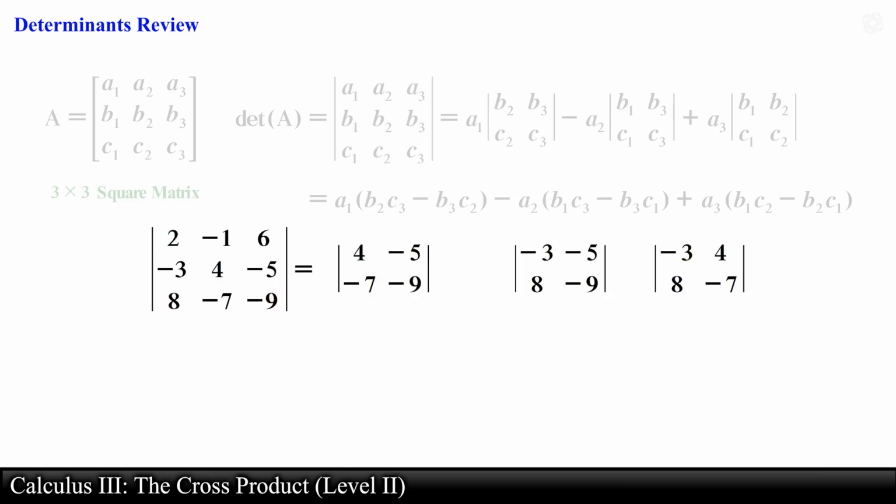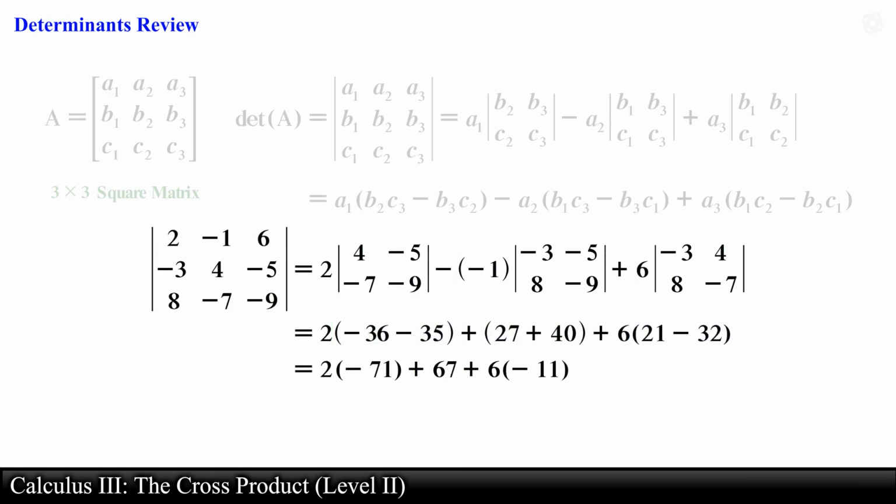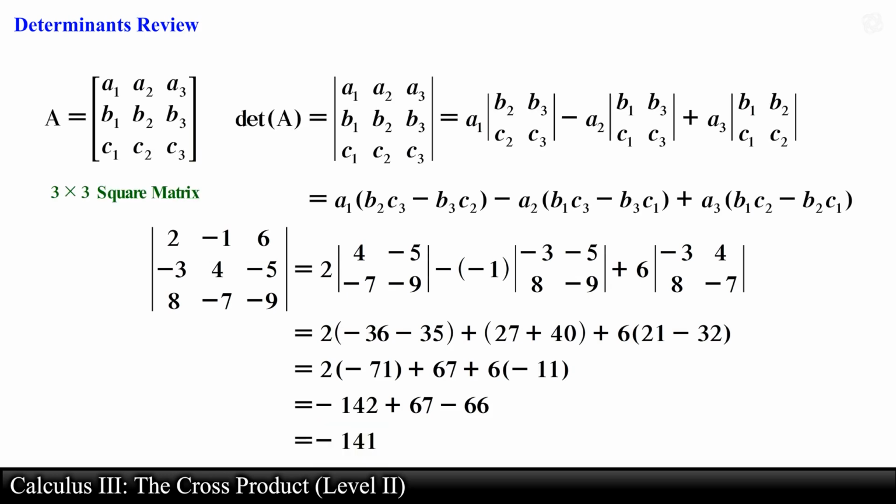Then, it is just a matter of finding the determinant of each 2x2 matrix and multiplying this value with its respective entry from the first row as follows. Making sure we include the alternating sign positive, negative, and positive. Simplifying the expression, we obtain the following for the determinant of the 3x3 matrix.